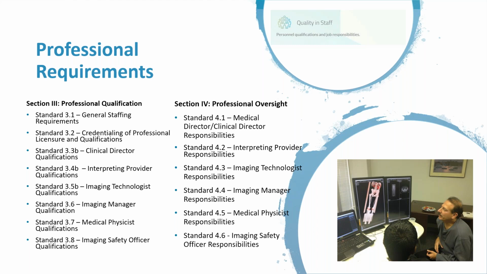And it's really the same set of jobs: the medical and clinical director, the interpreting provider, the imaging technologist, the imaging manager, the medical physicist, and the imaging safety officer. In this way, the organization is utilizing these personnel in the way we would imagine them to do so, and their use will be consistent with our intentions.